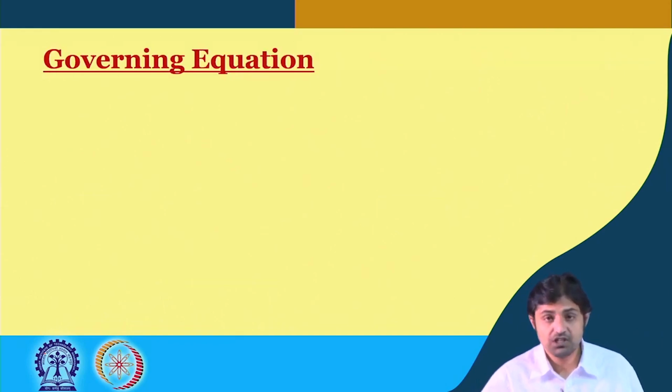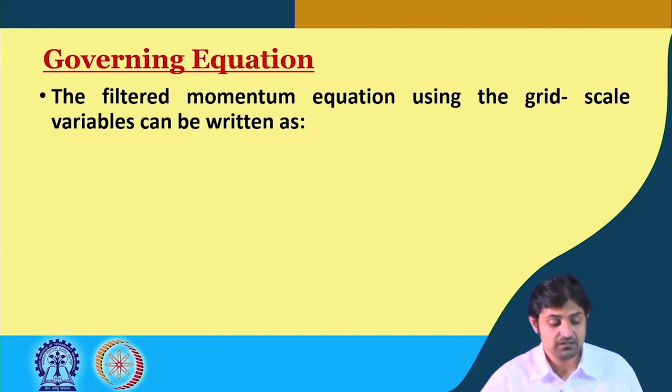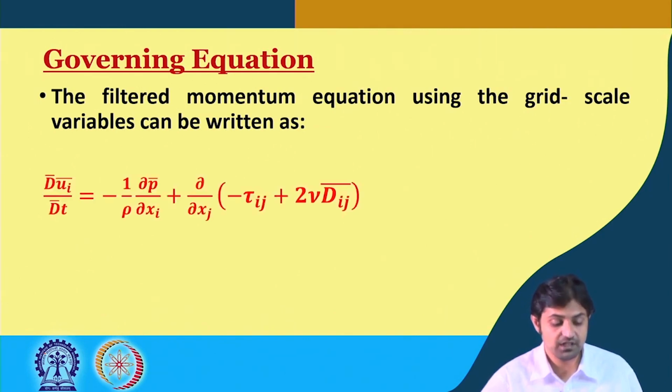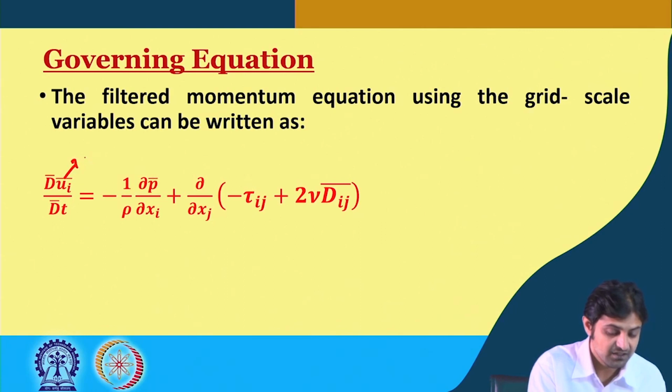So now coming to the governing equations of LES, the filtered momentum equation using the grid scale variables can be written as, so this is again space averaging.